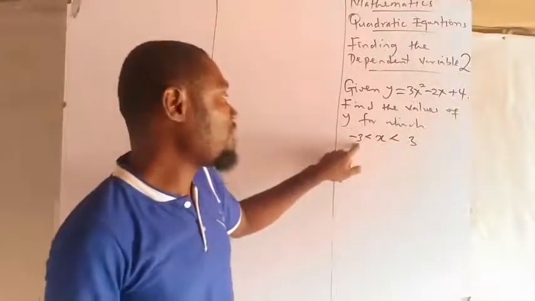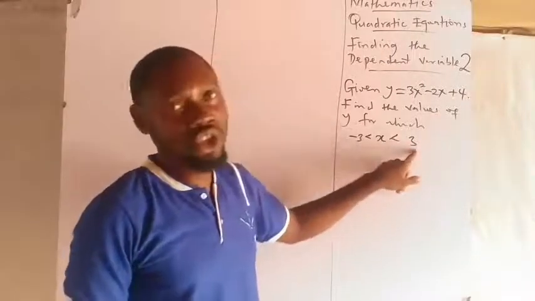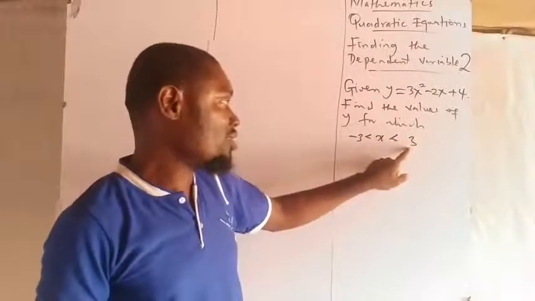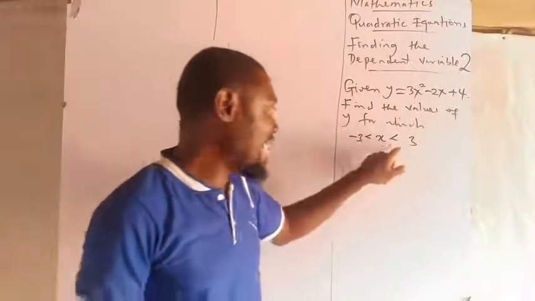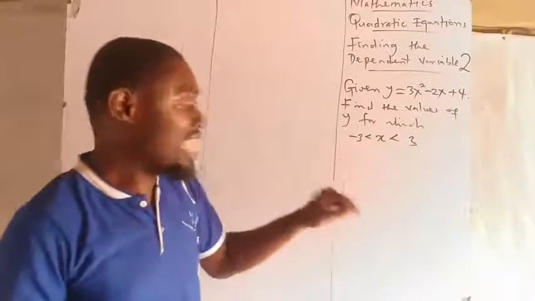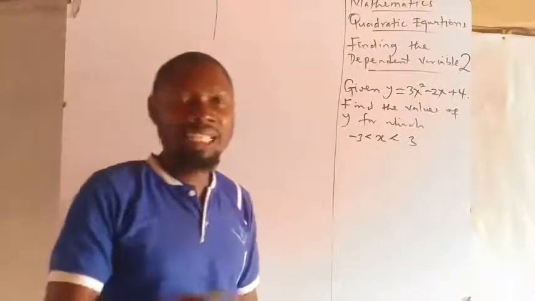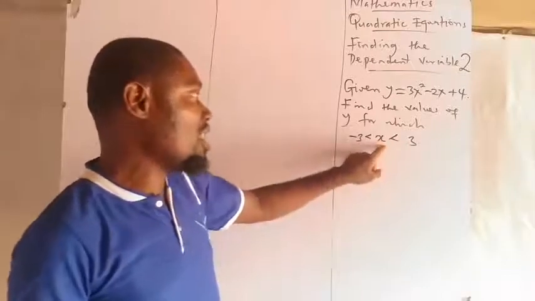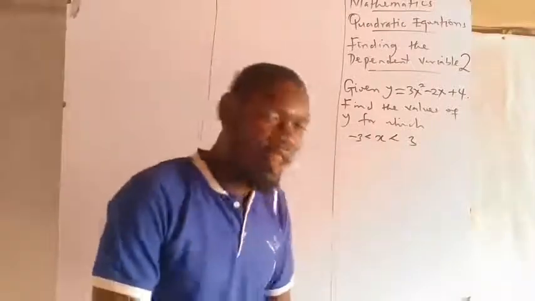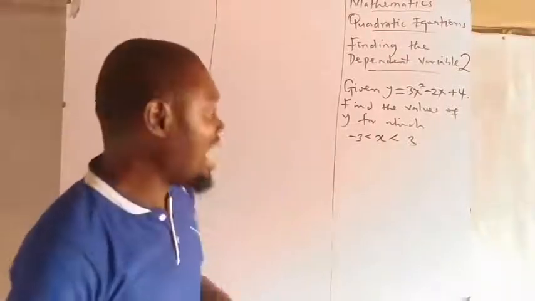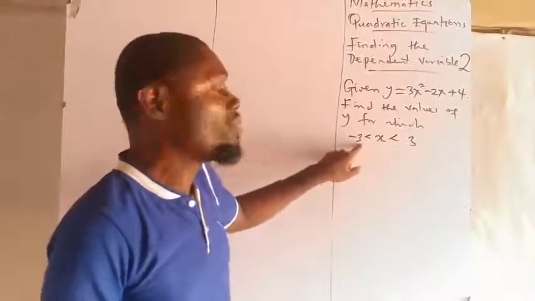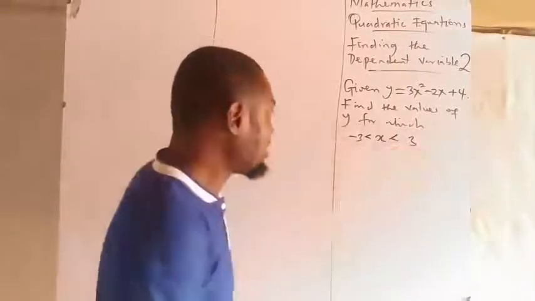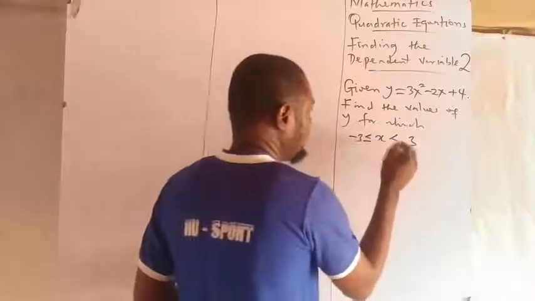X will start at minus 2 and stop at plus 2, because this 3 is not inclusive since x is less than 3, and the number less than 3 is 2 downward. So it means that the range of x, or the changes that will take place in x, will be from minus 2 to plus 2. But in this case, the first one given was this.